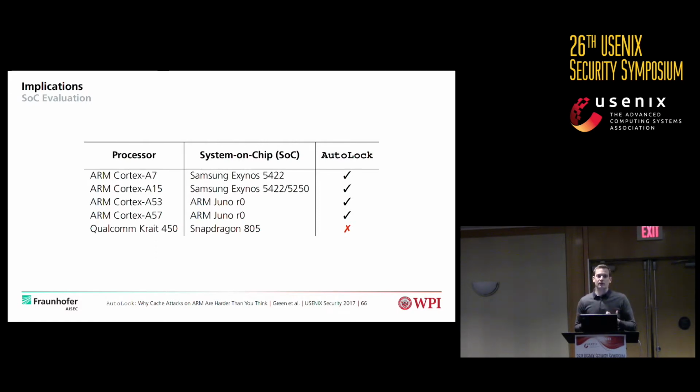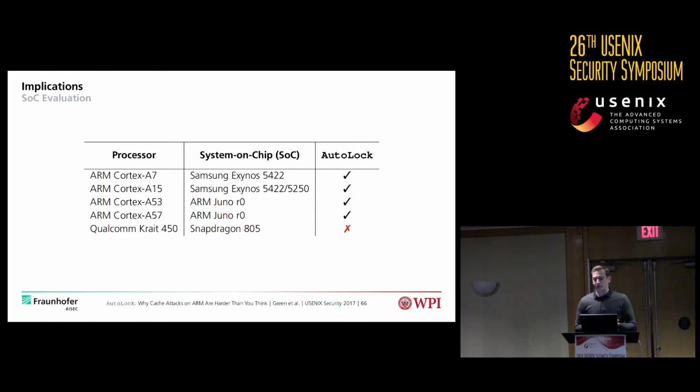So we found AutoLock in a number of ARM chips, two version 7 chips and two version 8 chips, contained in different systems on chips from different manufacturers. We also see that the ARM-compliant core from Qualcomm does not have this behavior, this AutoLock.